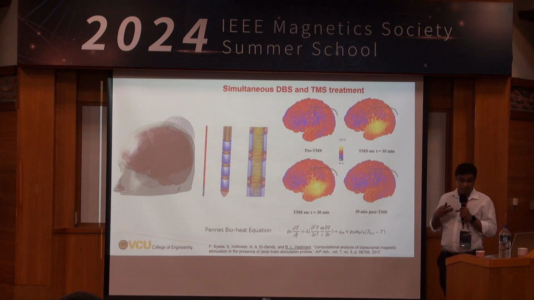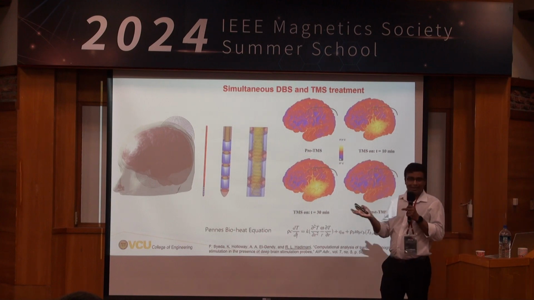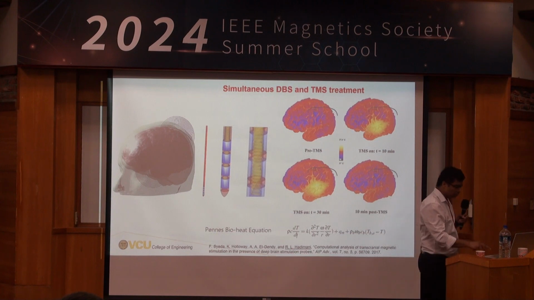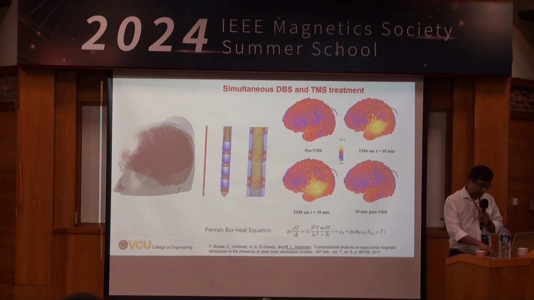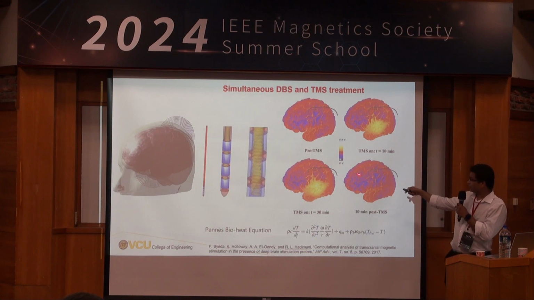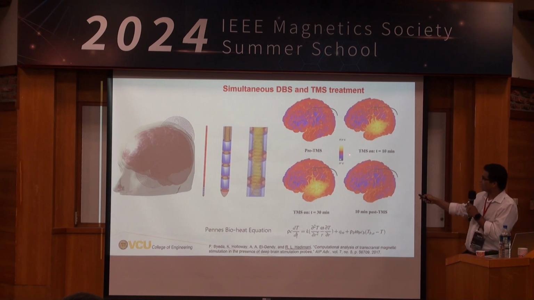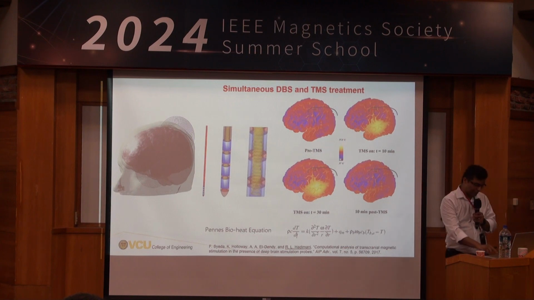So for the Lorentz forces and the temperature, there are no observable changes at all. This is the temperature map. No observable changes inside. Again, in the diagram you see here, from very dark to very bright is 0.5 degrees centigrade. So that's within the limit.